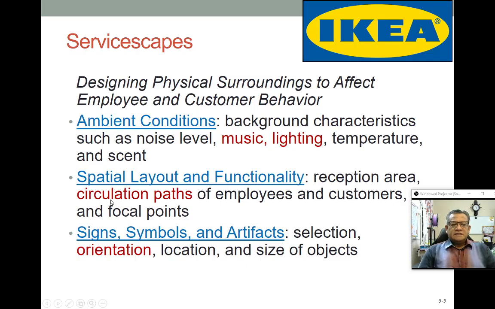So those are the circulation paths of customers and employees. I believe at IKEA there are sufficient signs and symbols to ensure that you are properly oriented as far as location and the direction next for you to visit.